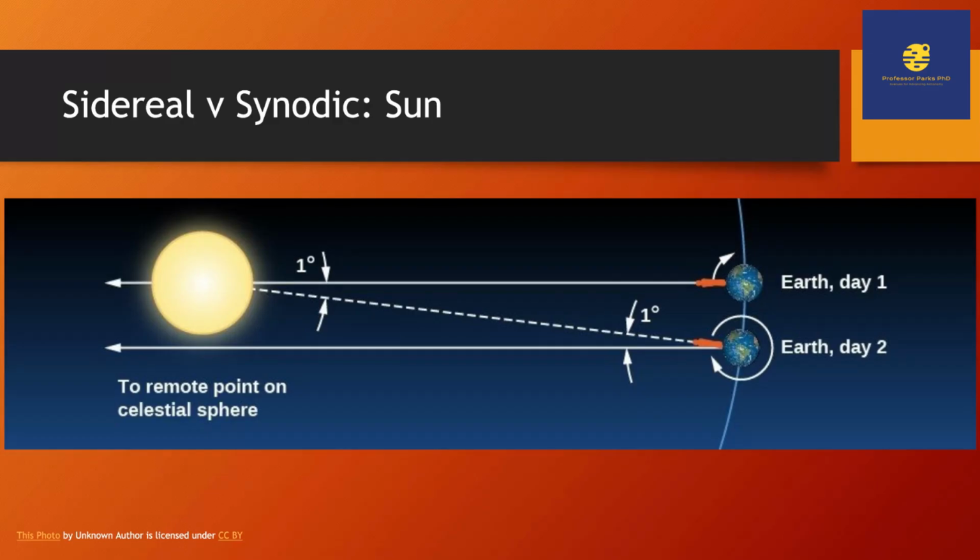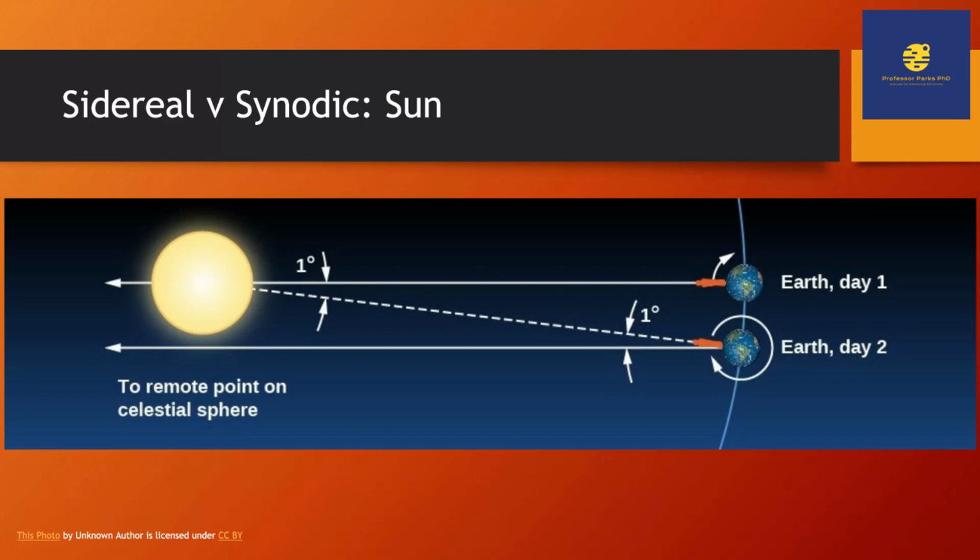This slide helps to explain why there is a difference between the sidereal time and the synodic time with relation to the Earth's orbit. Now, let's say on day one, you look up, there is the sun, and say behind it happens to be the star Vega.